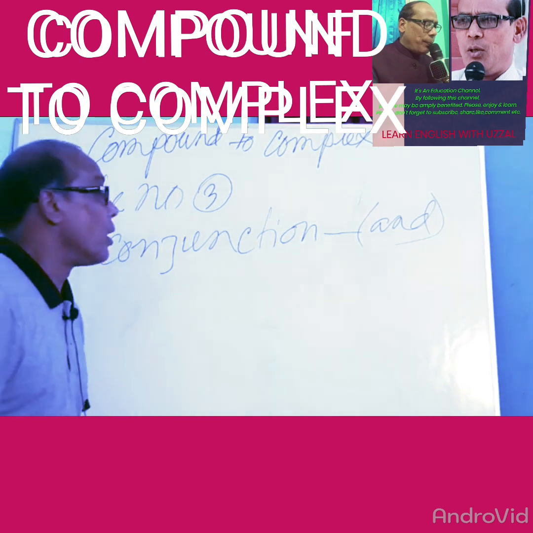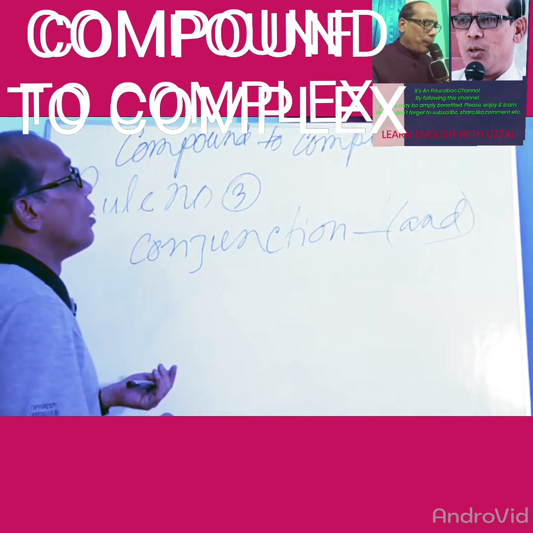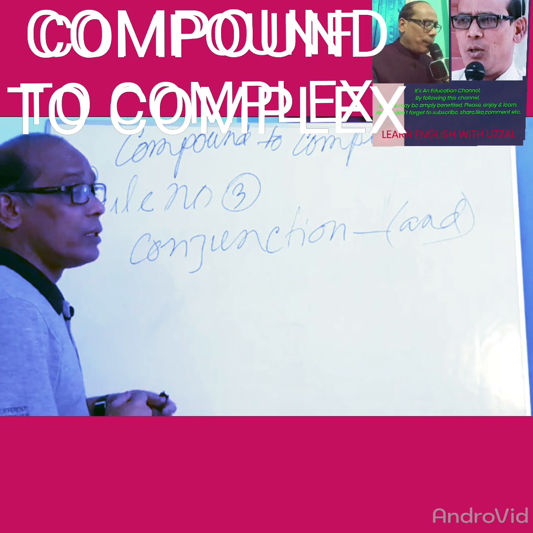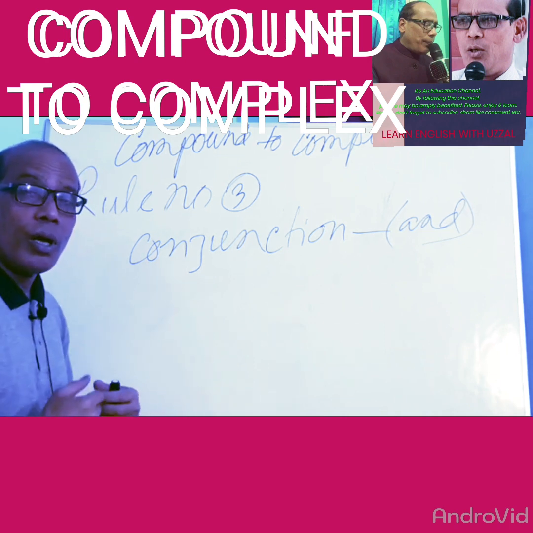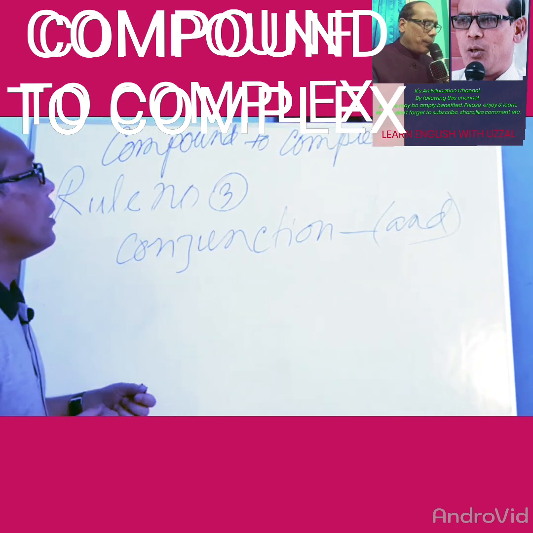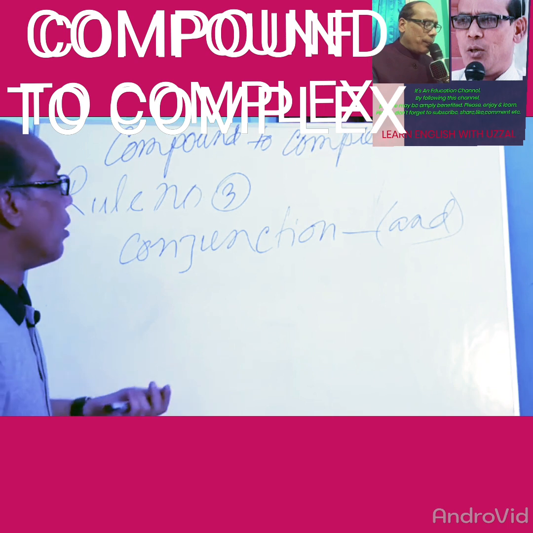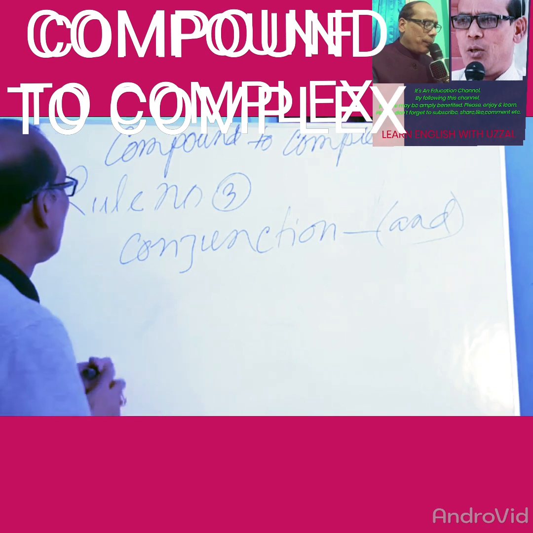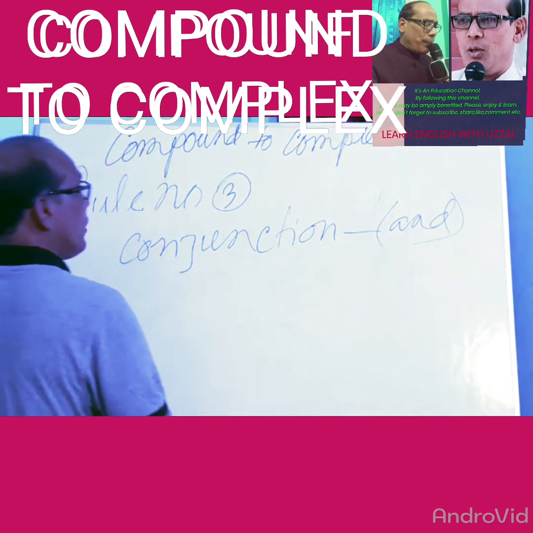Conjunction when we'll find any conjunction and in a sentence, and it will begin with an imperative sentence, it will have to convert the compound sentence into complex by using if, affirmative.